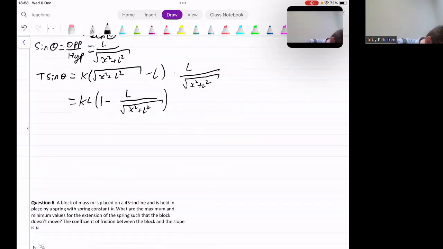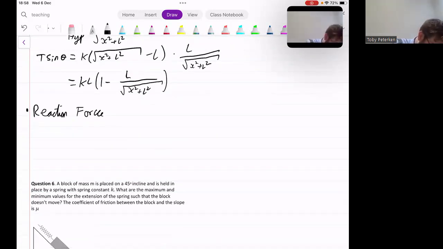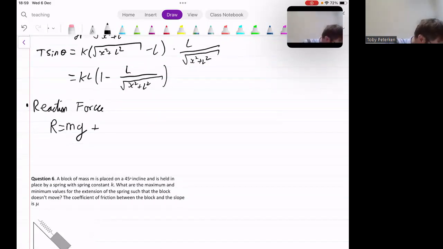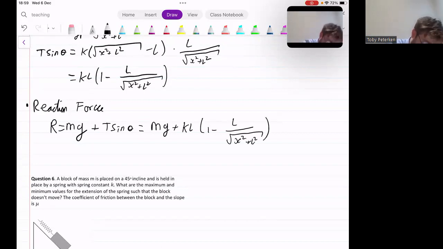So the reaction force cancels both the weight of the object and the force from the elastic band pulling it into the tracks. So R equals mg plus T sine theta, which equals mg plus kL times 1 minus L over the square root of x squared plus L squared.